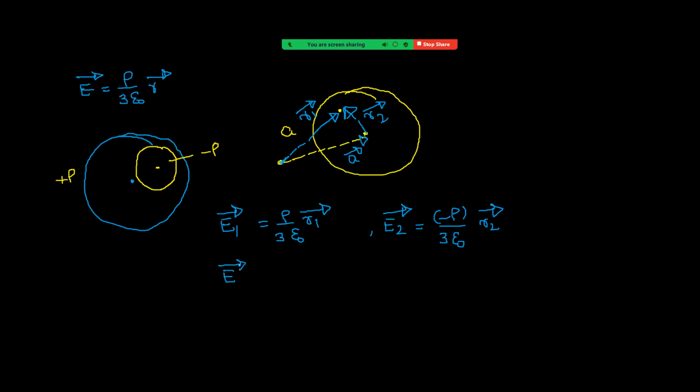So E bar equals E1 bar plus E2 bar, that is equal to rho by 3 epsilon naught into R1 bar minus R2 bar.